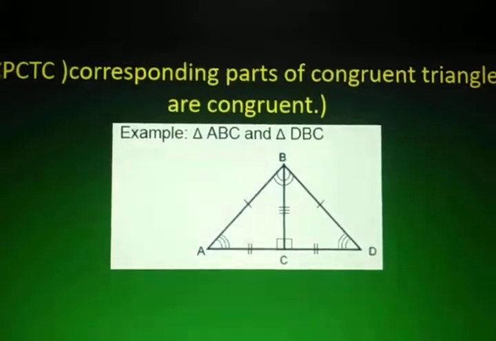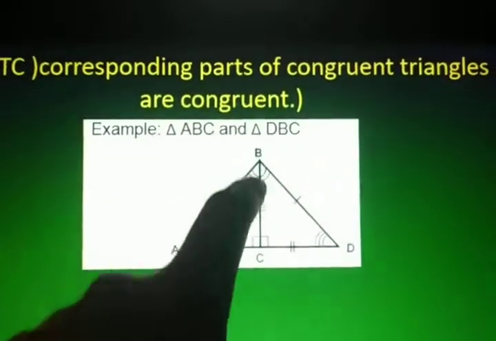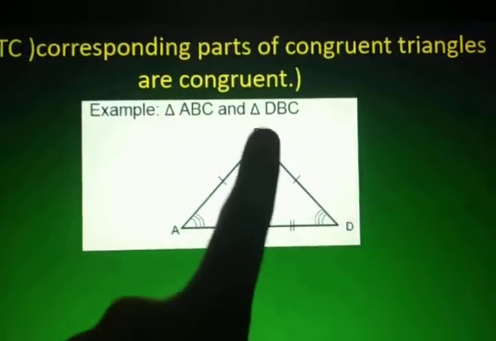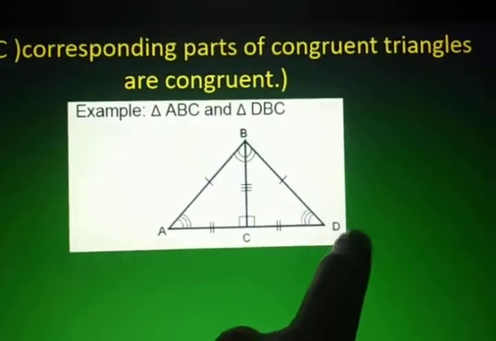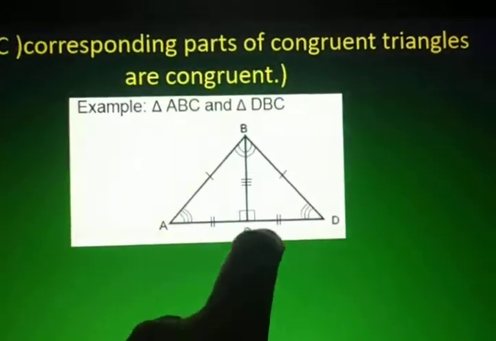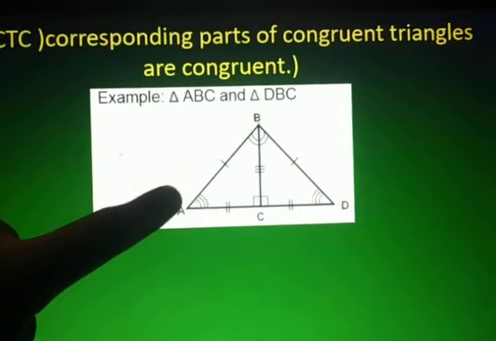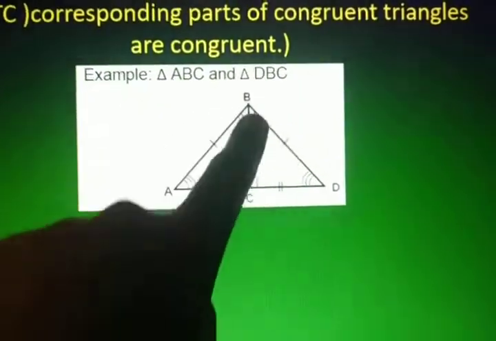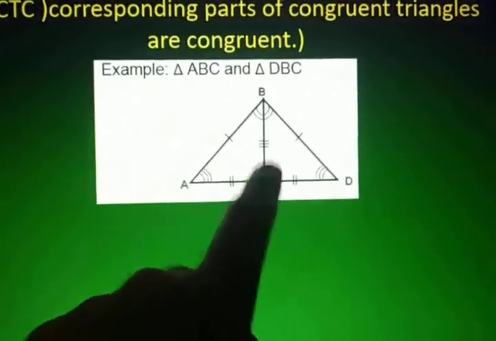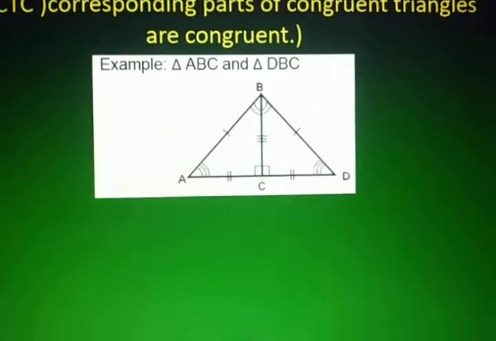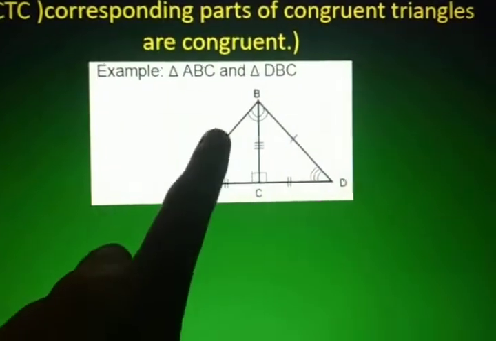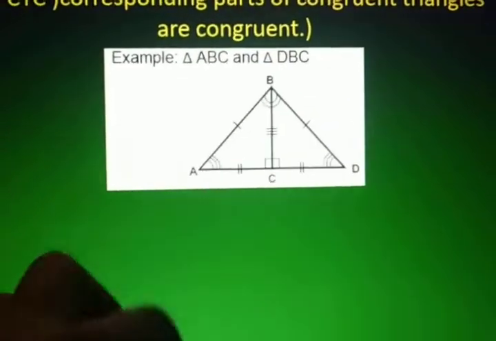So the first triangle is triangle ABC, and the second triangle is triangle DBC. Take note, they are marked. These are the sides. The markings mean that if they have the same marks, they are the corresponding ones.